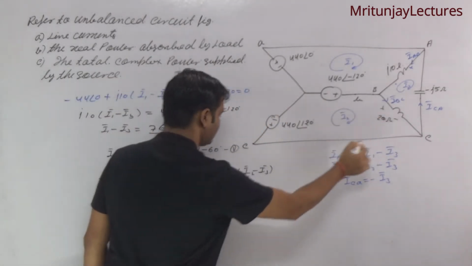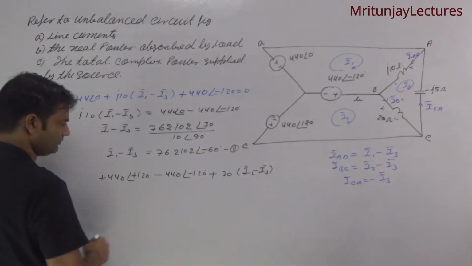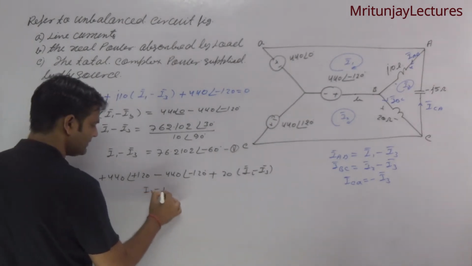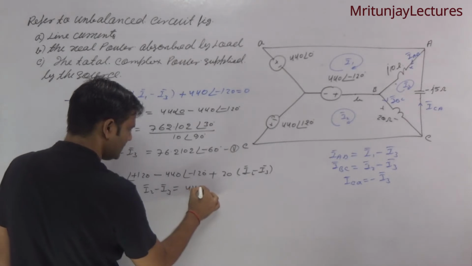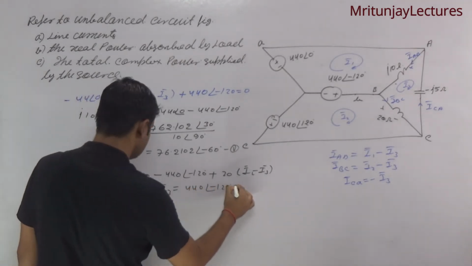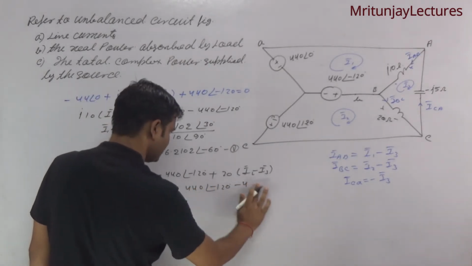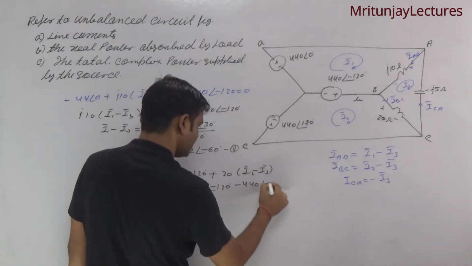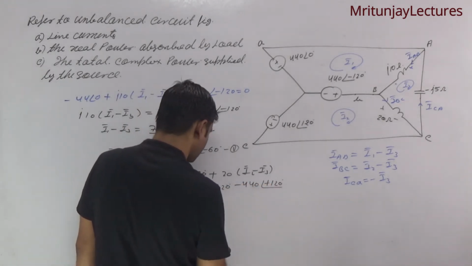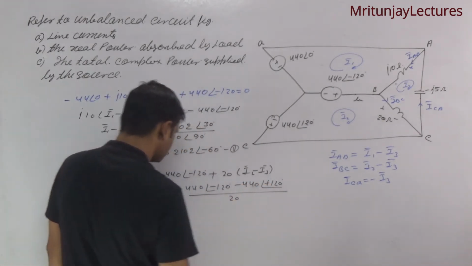So clear? Now I2 minus I3 is written as 440 at the angle plus 120 divided by 20.